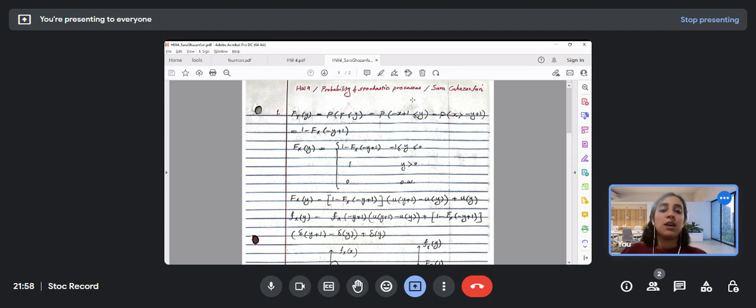Okay. After doing some calculations, we get to the probability of x larger than minus y plus 1, which is equal to 1 minus the probability distribution function of x in minus y plus 1.